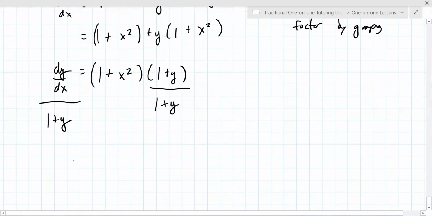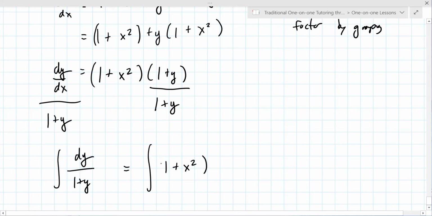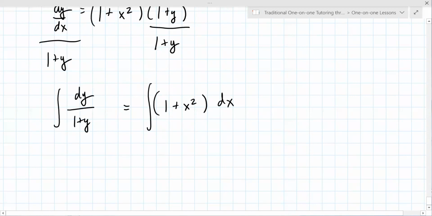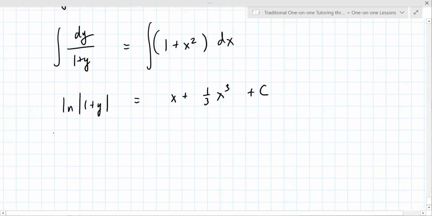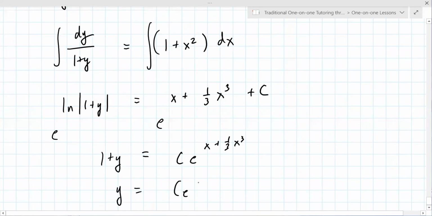So you have integral dy over 1 plus y equals integral 1 plus x squared dx. And so natural log absolute value 1 plus y equals x plus 1/3 x cubed plus c. E both sides, you get 1 plus y equals c e to the x plus 1/3 x cubed. So y equals c e to the x plus 1/3 x cubed minus 1.